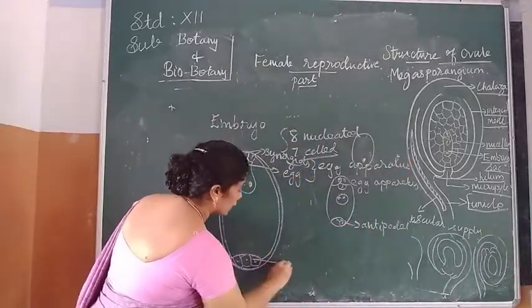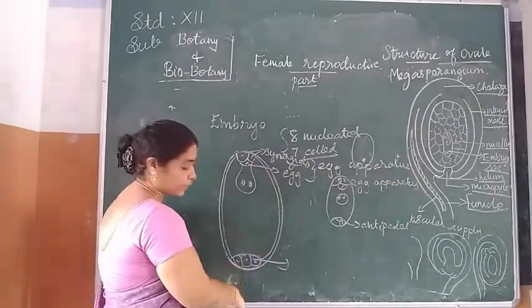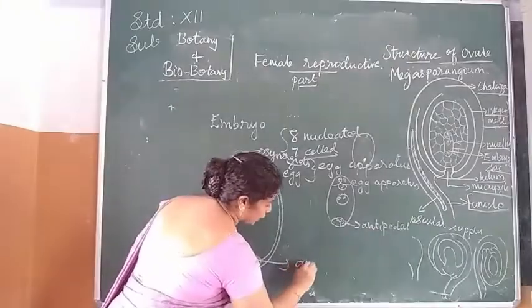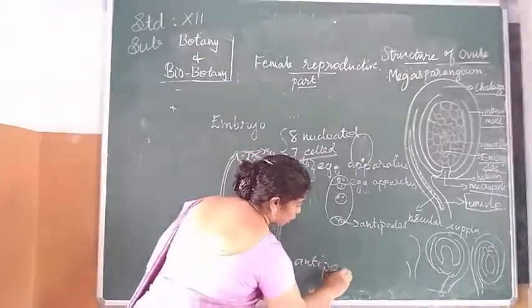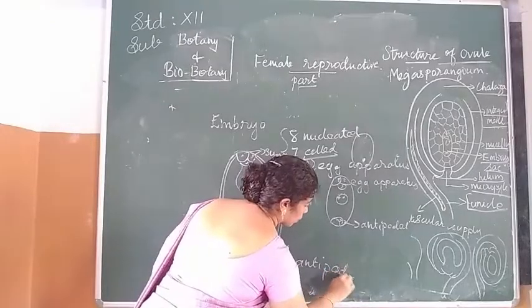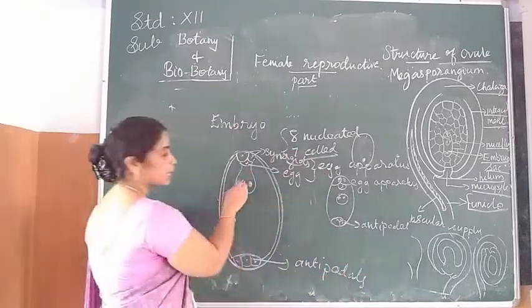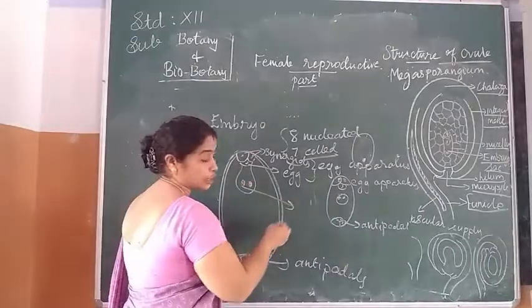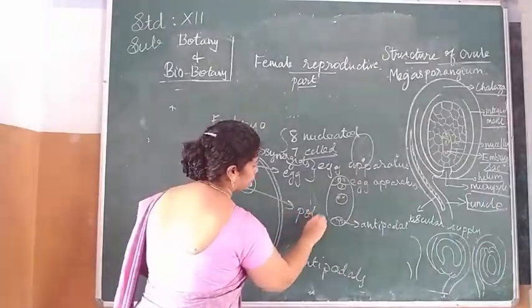Then the cells present towards the funicular or chalazal end are said to be antipodals, and the remaining 2 nuclei fuse together to form a single cell that is known as the polar nuclei.